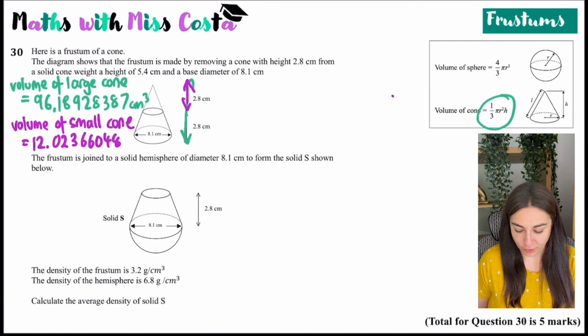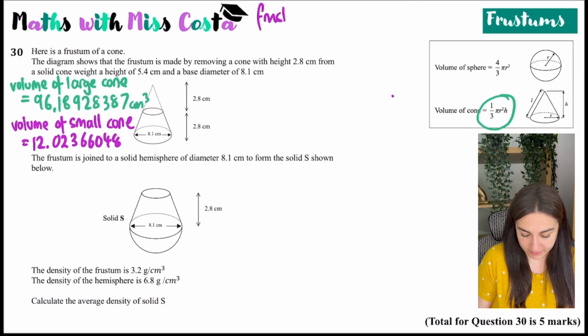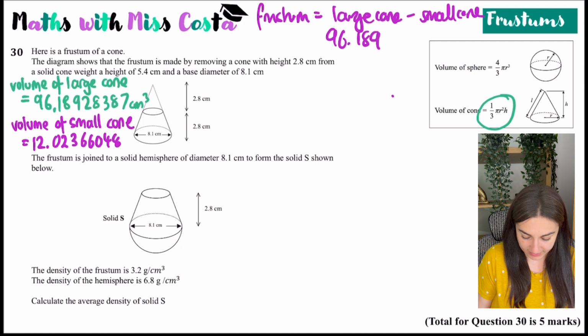Now I need to work out the volume of the frustum, and to work out the frustum, you literally do large cone, take small cone. So that's going to be 96.189, take 12.02.